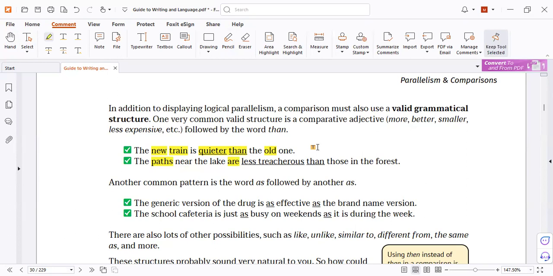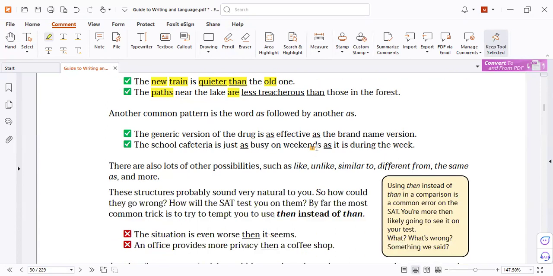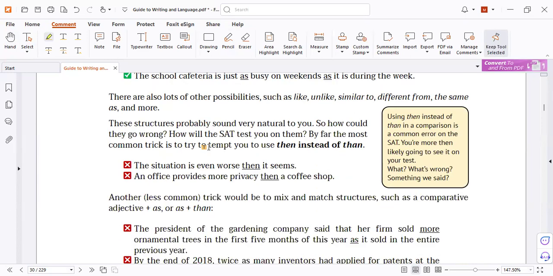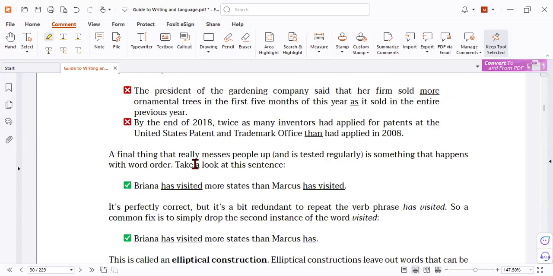Now the comparison is correct. And the adjective refers to the noun. Everything is right. So be careful. Of course, we then have comparisons that are wrong, as you know. It's a common simple mistake.